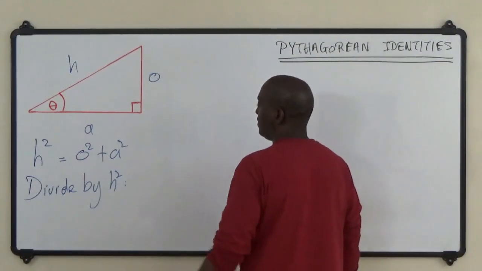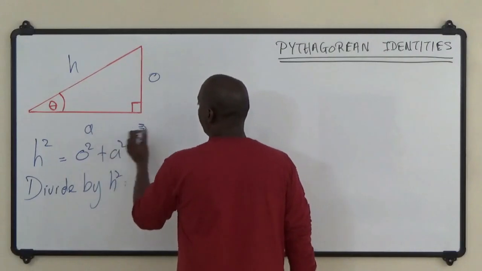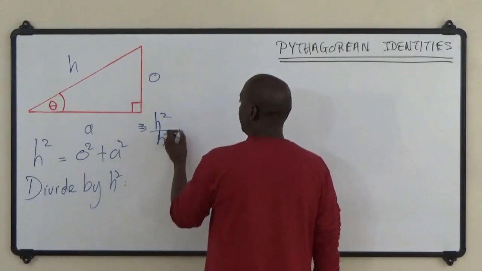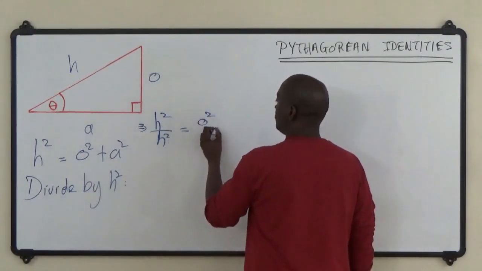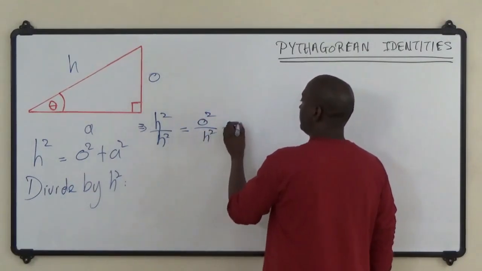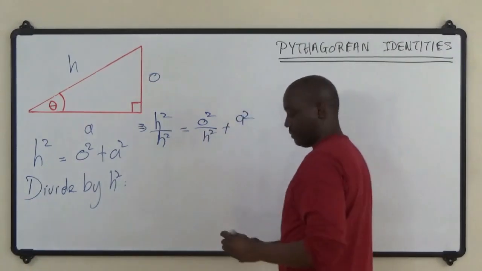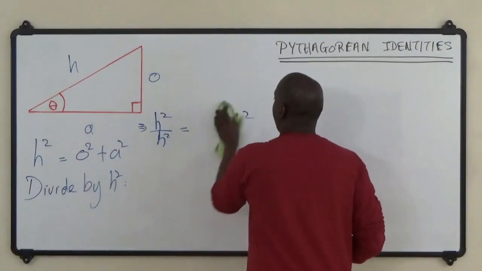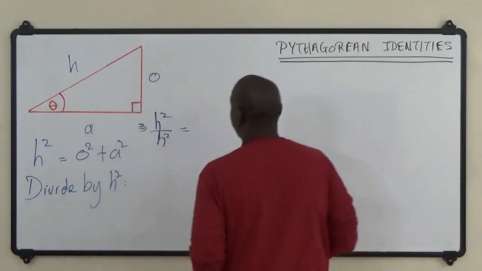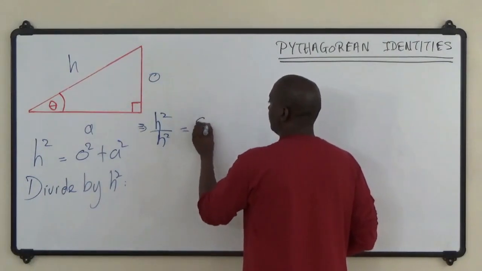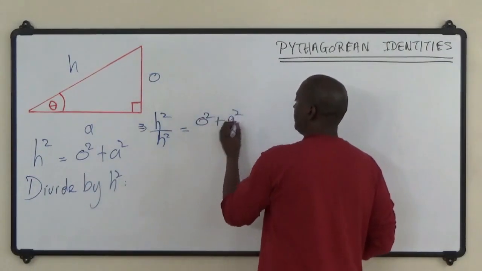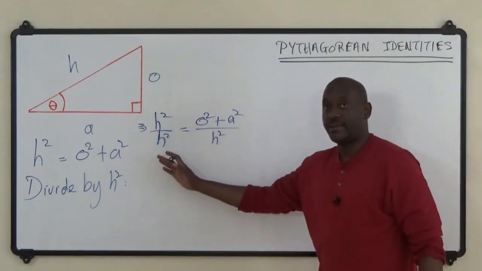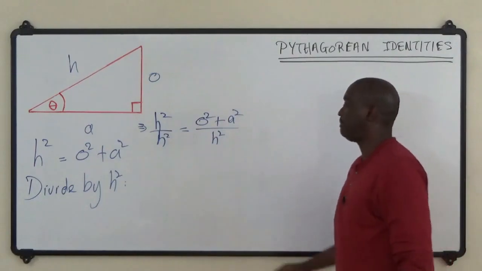You get h squared over h squared is equal to, in proper algebra, o squared plus a squared all over h squared. So we divide the left side by h squared. We divide the right side by h squared as well.